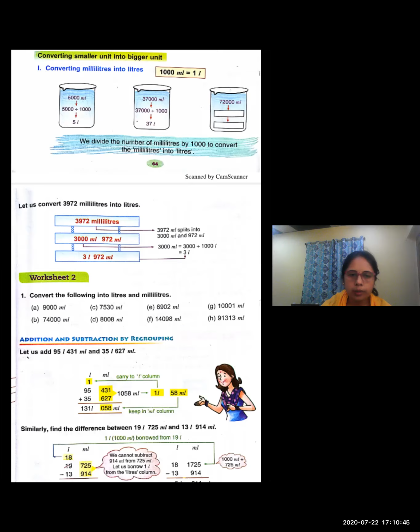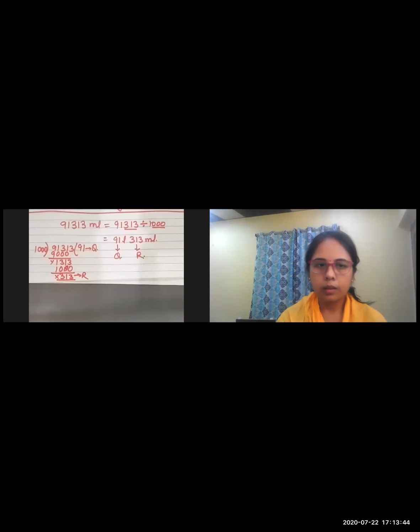Just for example, we can take some more examples from the worksheet. See here, we have taken 91,313 milliliter. When we divide it by 1000, we get here 91 liter and 313 milliliter.